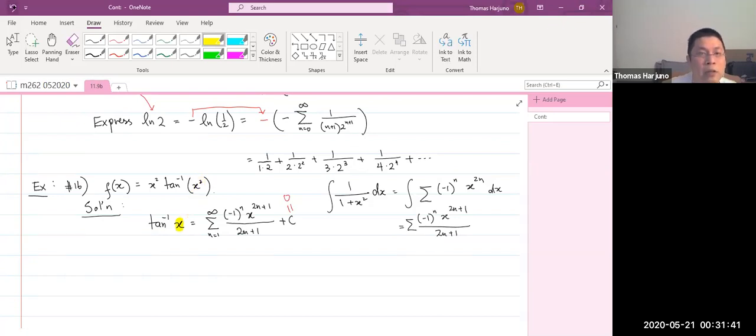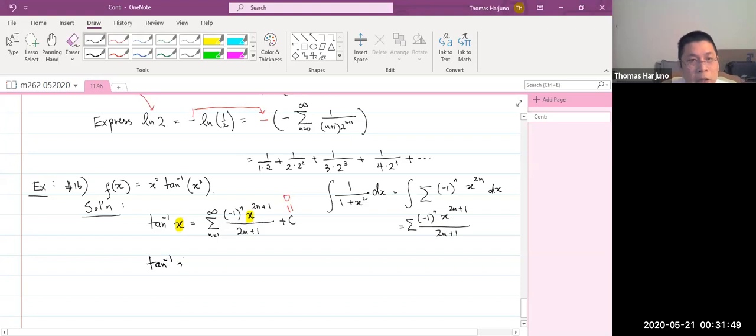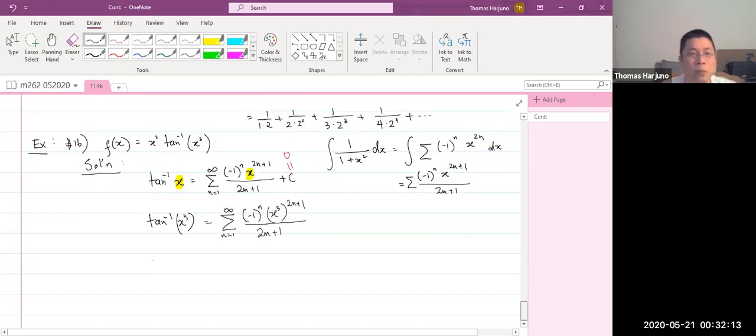If I replace my x by x cubed, then tangent inverse of x cubed will become the series of (-1)^n, where I replace this x by x cubed. Which is equal to the series, I'm sorry, it should be from 0, not from 1.